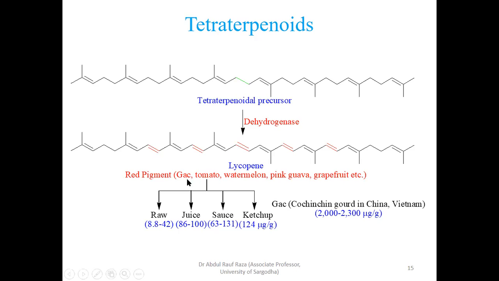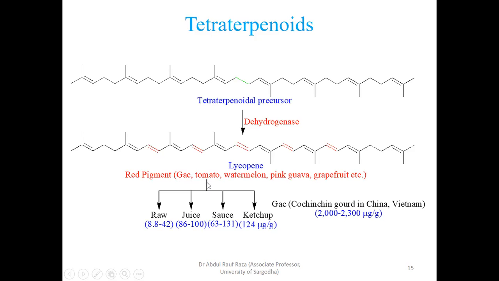Just search on the internet, in search engines, about GAC. You shall see what type of fruit it is, its fruiting, its plants, everything you can observe yourself. It is not native to our country.